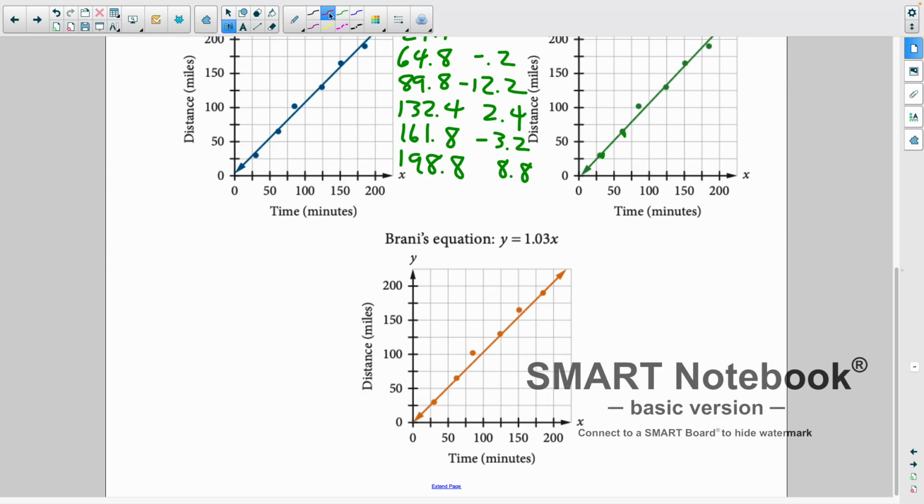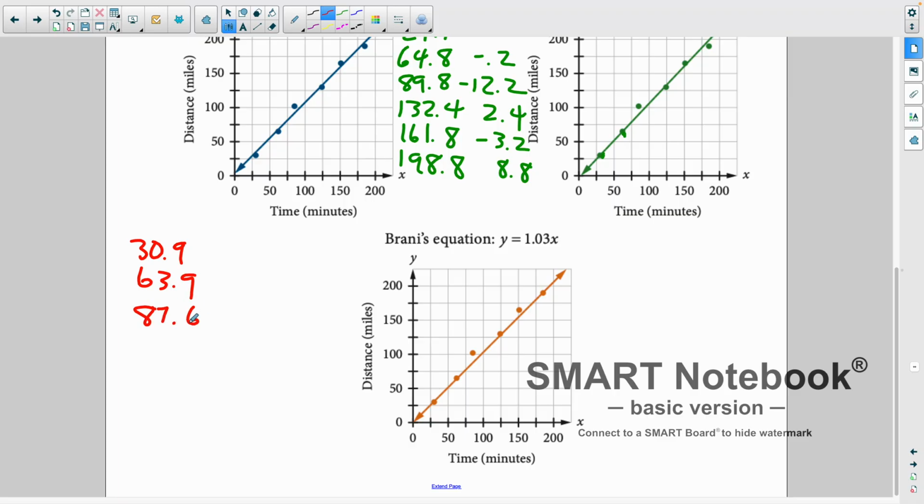All right. So 1.03 times 30. That's what we're doing. So use your calculator or whatever. All right. So if I go 1.03 times 30, I got 30.9. Okay. 1.03 times 62, I got 63.9. 1.03 times 85, I got 87.6.